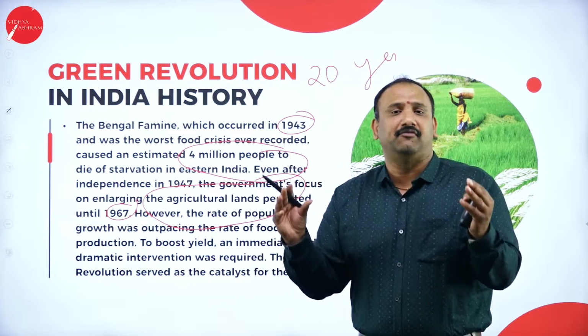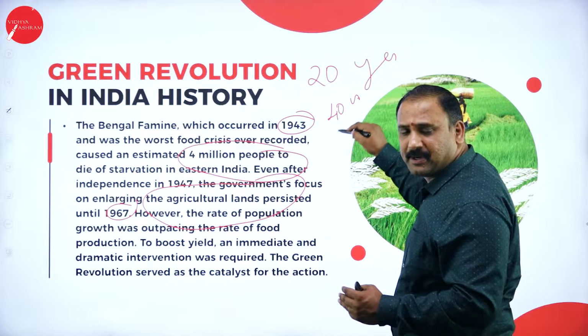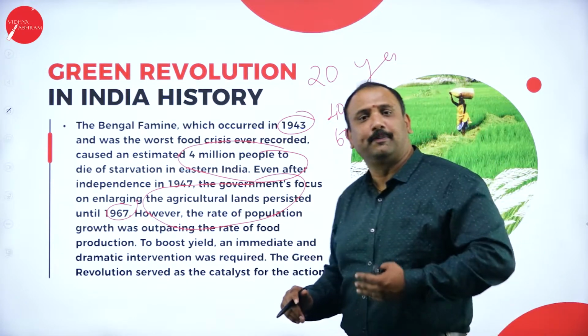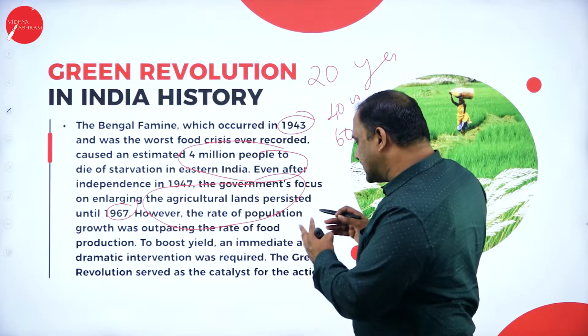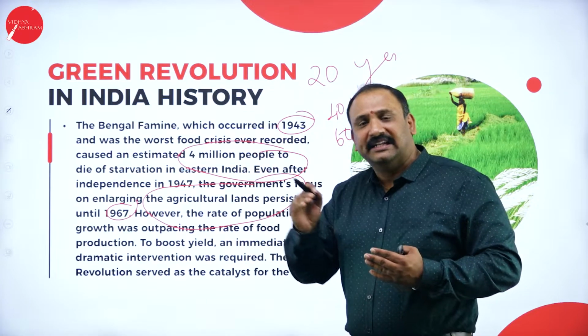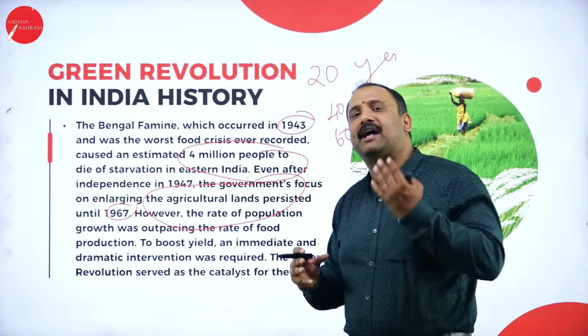So in the year 1947, India had hardly about 40 crore population, but by 1967, we were almost outpacing 60 crore plus population. So what has happened here is that as the population started growing, the needs, the wants, and the supply for food also had to increase.